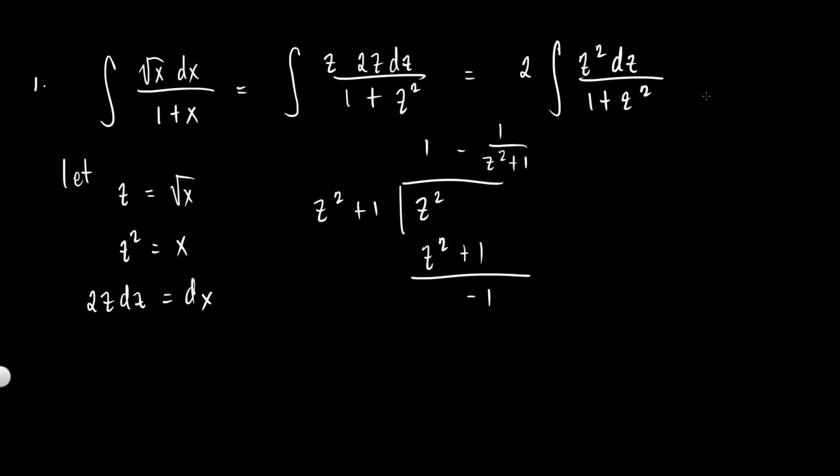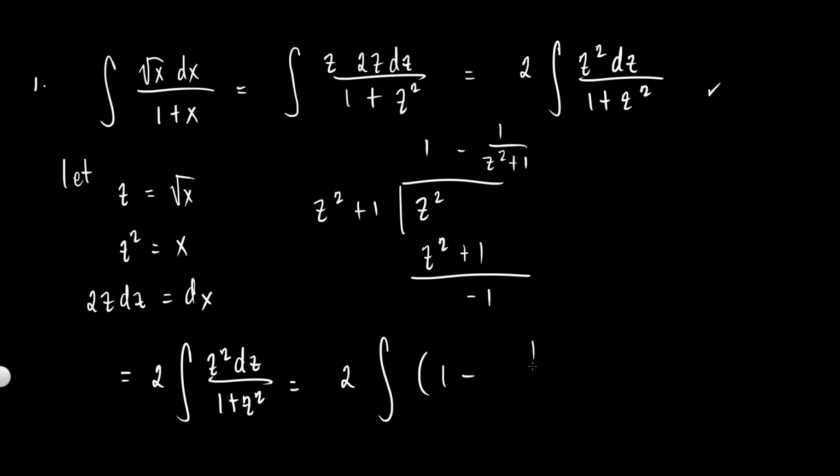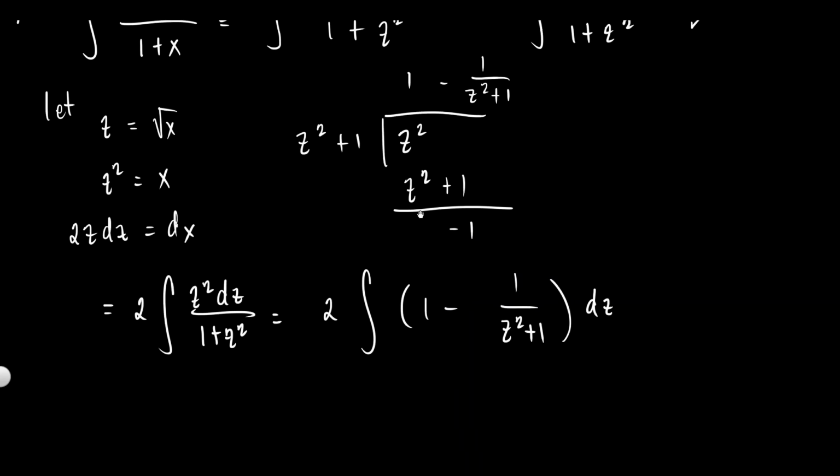Let's rewrite this. So we have z squared dz over 1 plus z squared equal to 2 times the integral of 1 minus 1 over z squared plus 1, times dz.